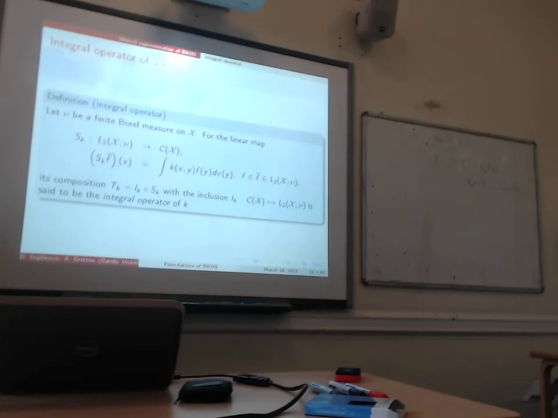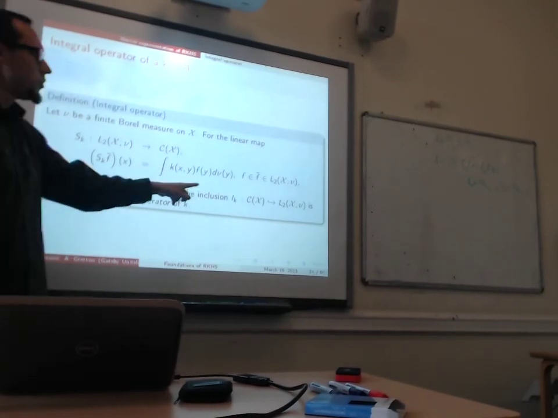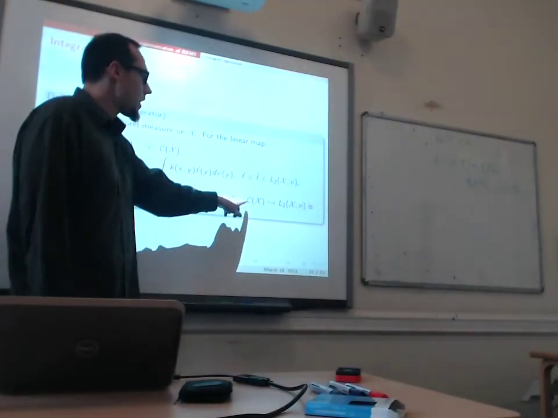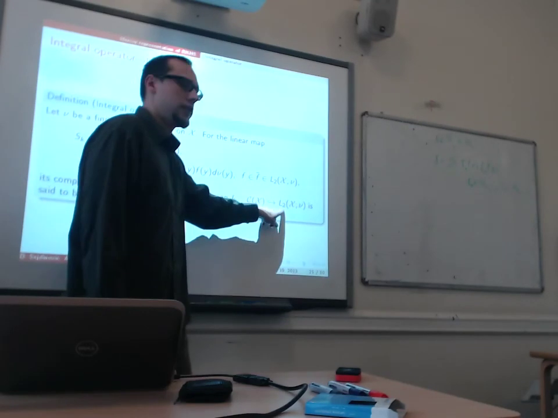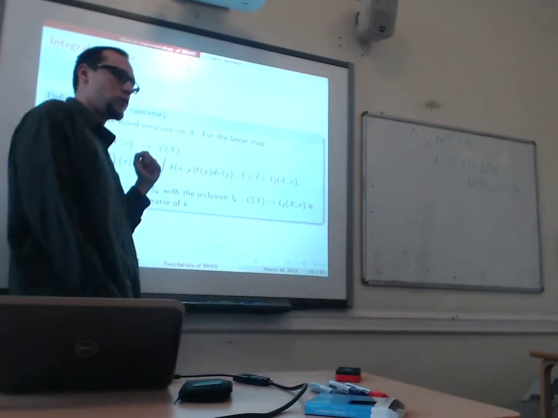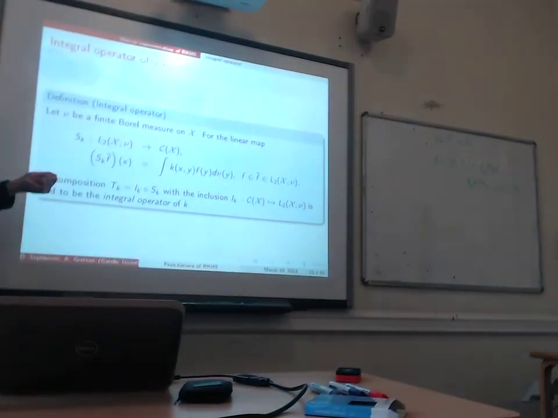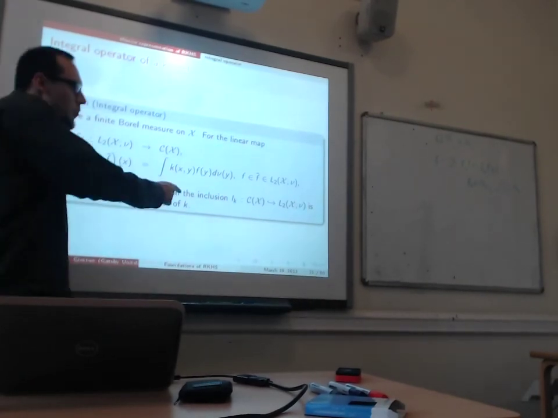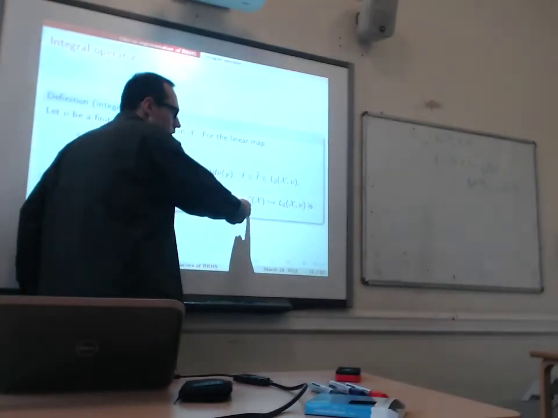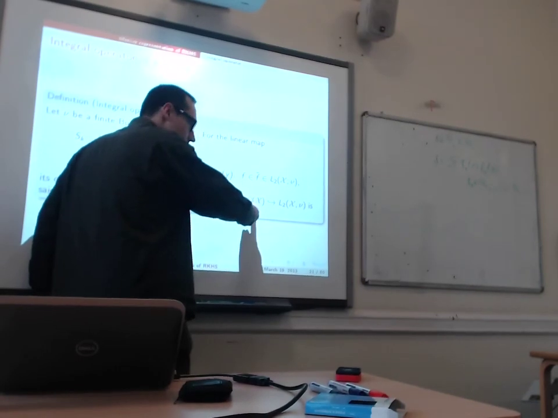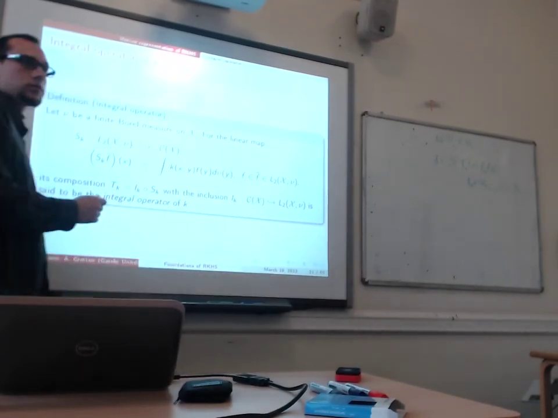So you agree that all continuous functions have a class in L2 that includes that continuous function, because all continuous functions are bounded on this domain, therefore they can be integrated. So inclusion is just defined by associating to every continuous function its corresponding class.